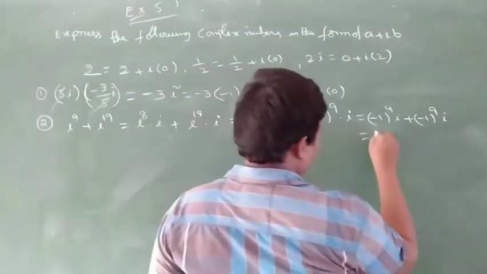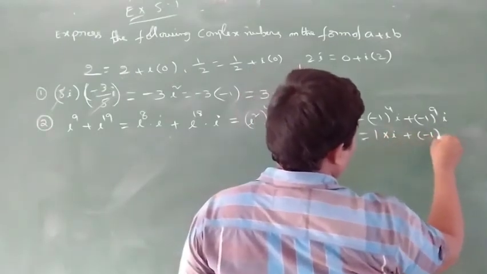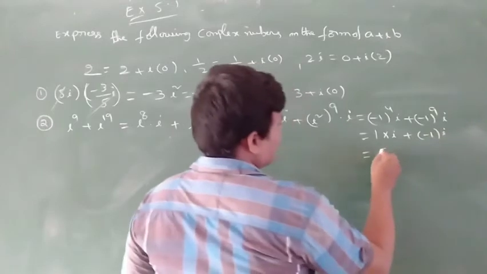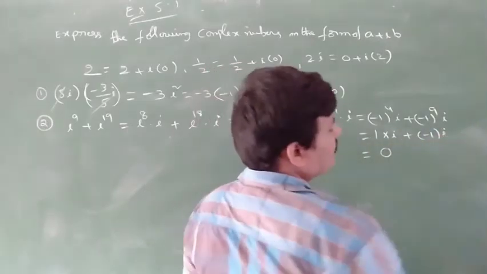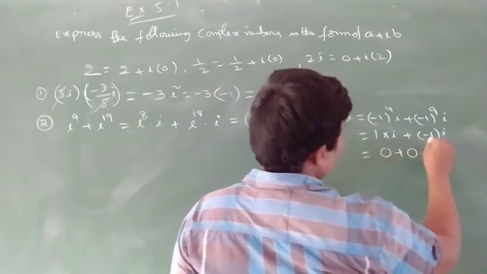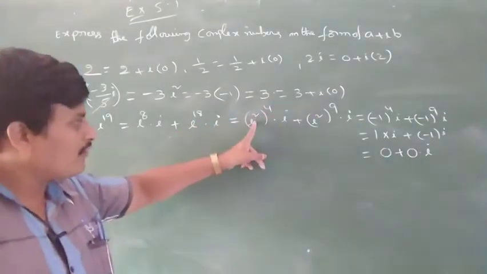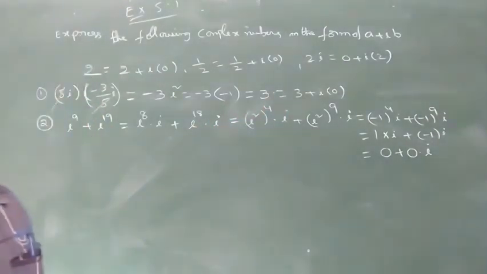So this is 1 into i plus minus 1 into i, which is i minus i, which is 0. 0 is converted into 0 plus 0 into i. Or we can write this as i power 4 whole square.